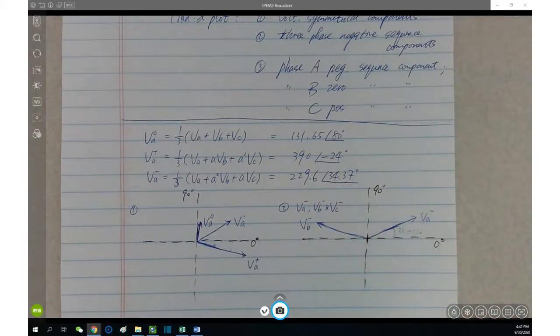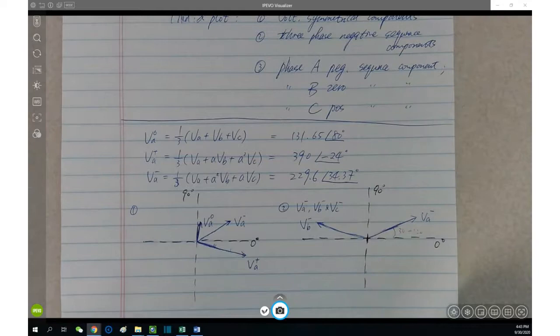VB minus. Still balanced. VC minus is what? VC minus has also the same magnitude. However, you decrease the phase angle from VA minus by 120 degree. Then what do you get? Close to negative 90 degree, but not exactly, right? Be very careful on this.